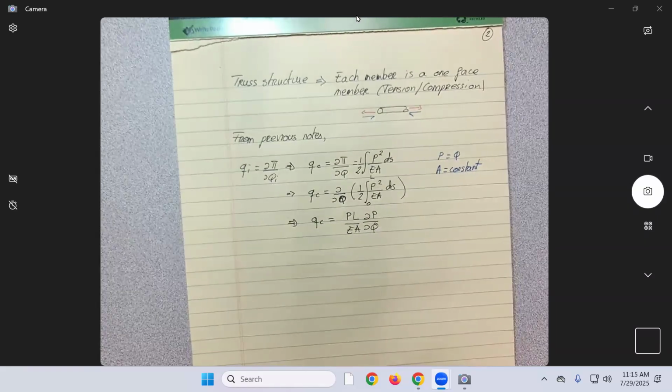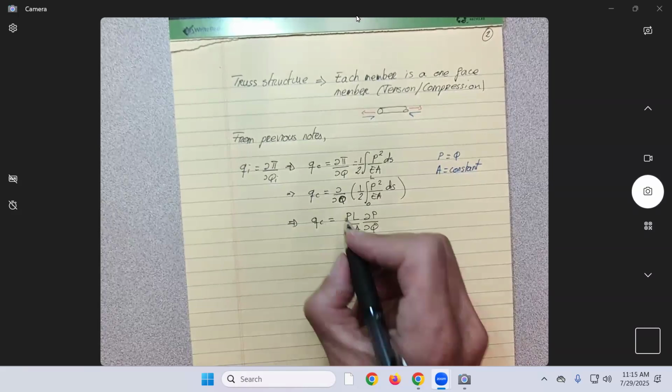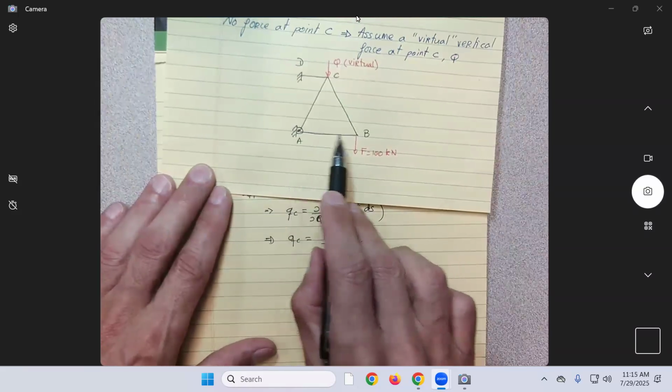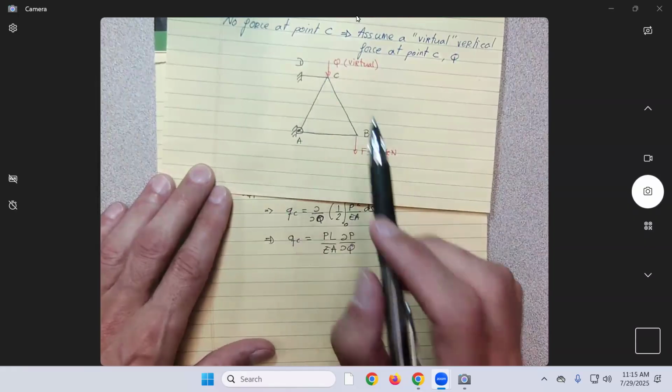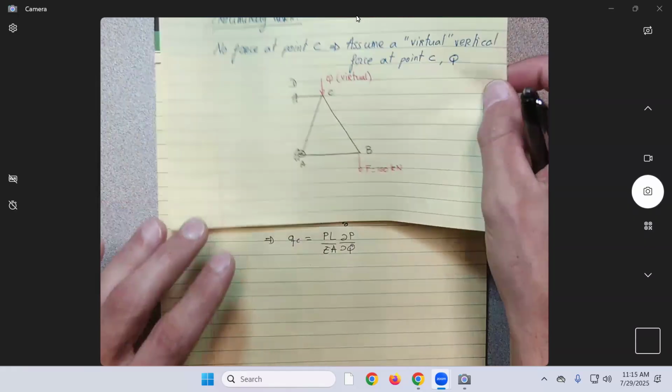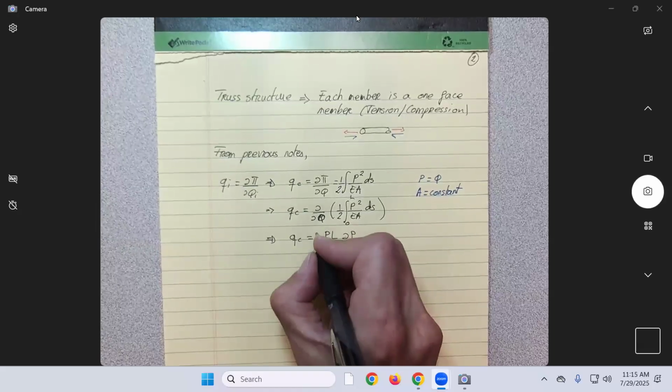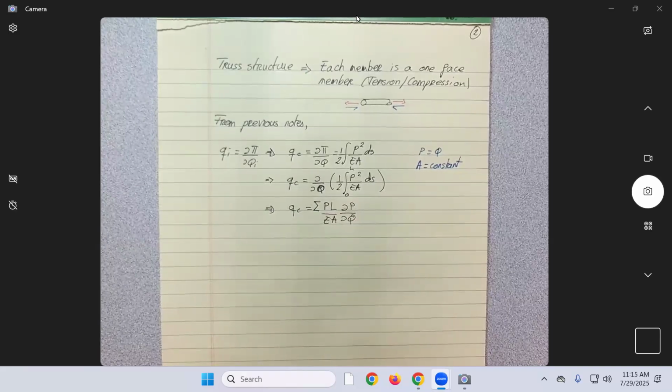This gives you just one member, where one member would be either rod AB, BC, AC, or CD. And if we add them all together, we have a summation sign that basically replaces the integral sign.